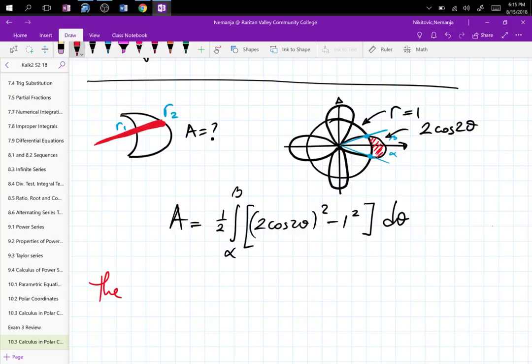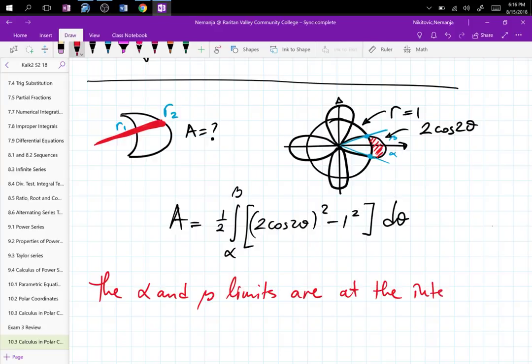The alpha and beta limits are at the intersections. So we set equal our equations.